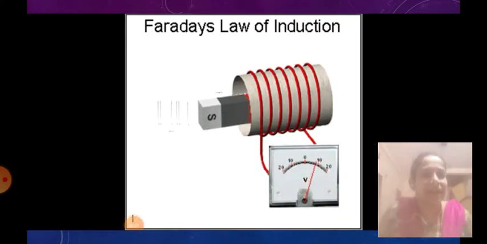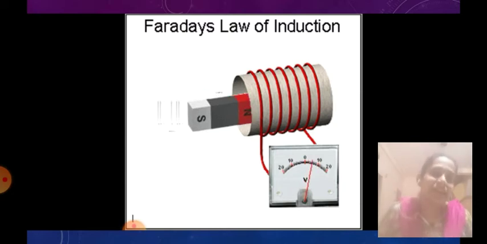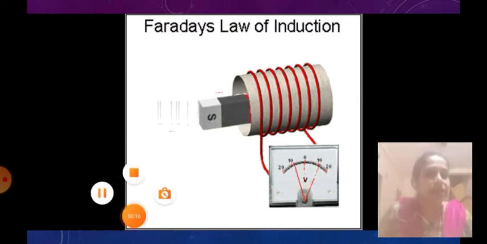You can see when a magnet is brought near the coil, there is a deflection in the galvanometer. This deflection shows that there is production of current. So current is produced here. Right.